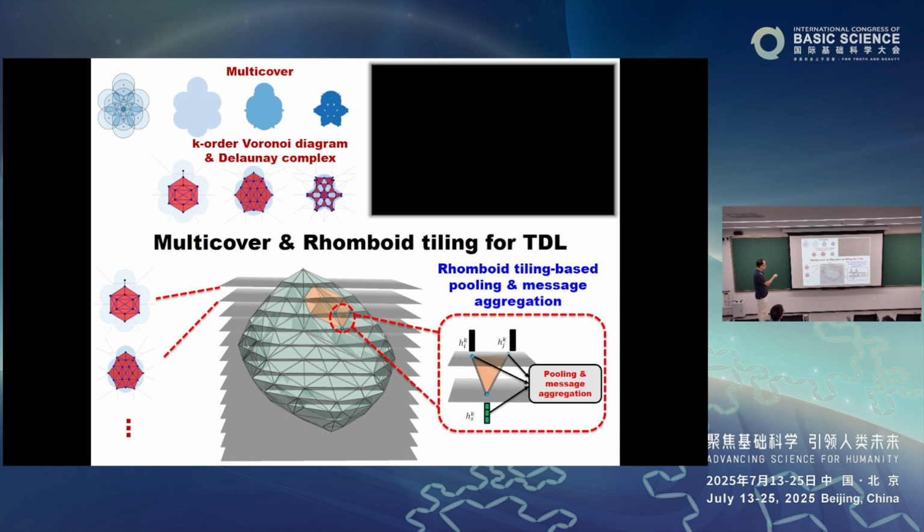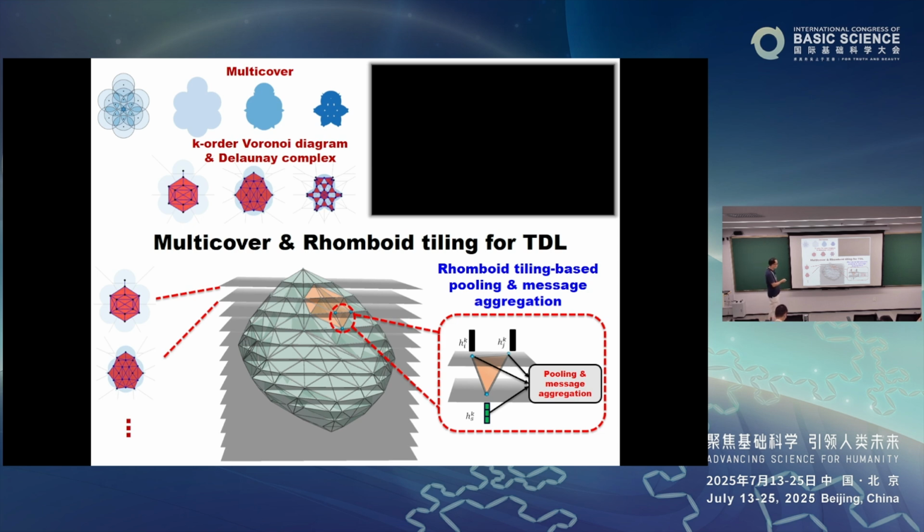Essentially, if you put this simplex here, this simplex here, this one here, and so on and so forth, what you will see is that the simplex in K1 and the simplex in K2 can be somehow connected through this rhomboid tiling formula. And then all these simplex k-order Delaunay complexes will form a tiling of this special space formed by this dimension plus another k-order dimension.